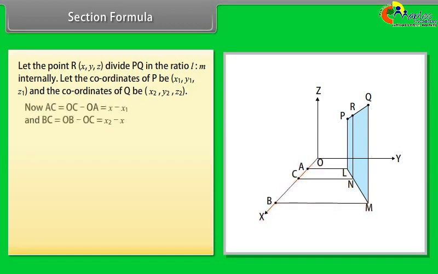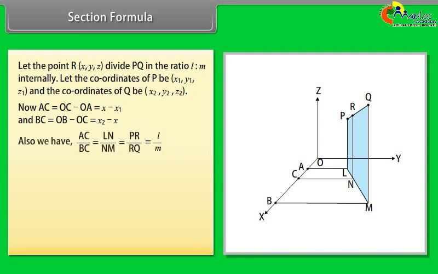Now, AC is equal to OC minus OA, which is x minus x1, and BC is equal to OB minus OC, which is x2 minus x.